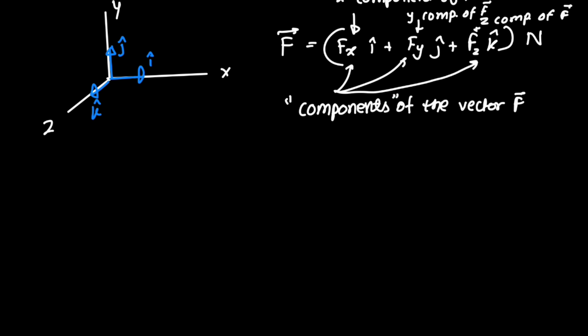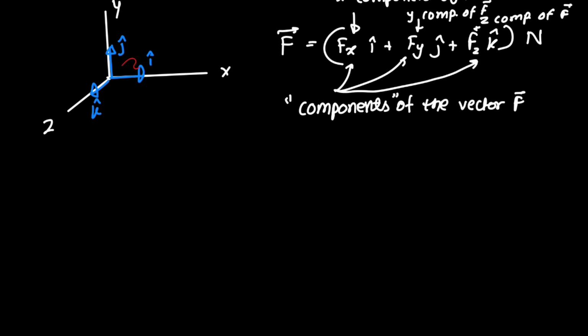Components of a vector are typically the part of the vector that lies along a direction. So if there is a force vector like this, okay, this is the f vector, then we can typically resolve this f vector into three directions. You know that if you have a position vector, then you can drop a perpendicular on the xz plane, and then you can use this plane in order to give you an x component and a z component, and the y component can be obtained like this.